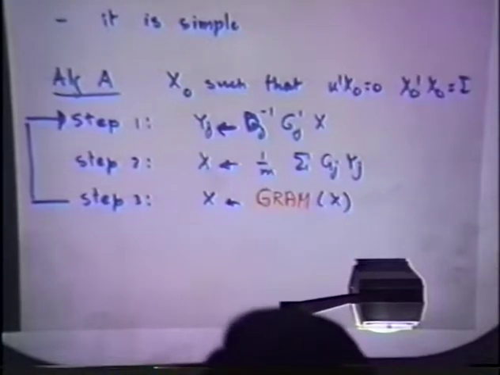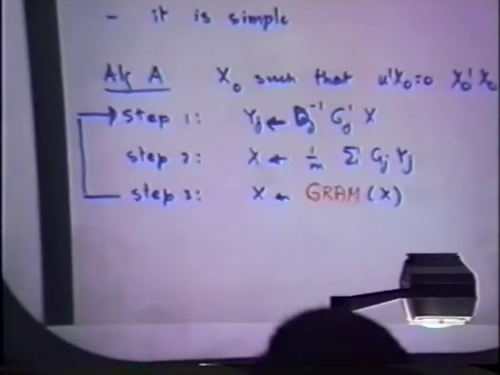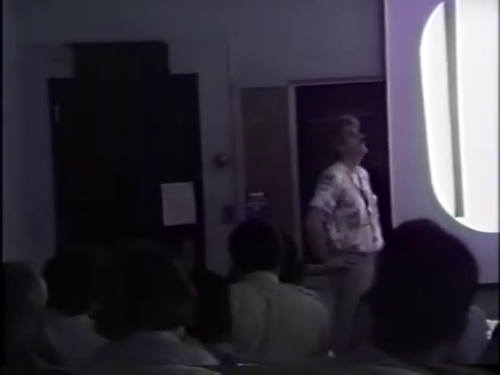And I've indicated that with the operator called gram, which is the Gram-Schmidt orthogonalization process, which I will not tell you anything about because it's simply one particular form of defining an orthonormal spanning space for an arbitrary matrix.